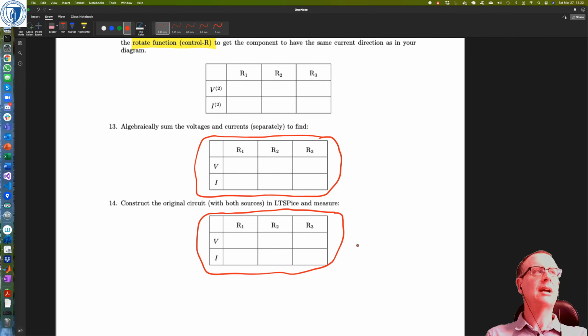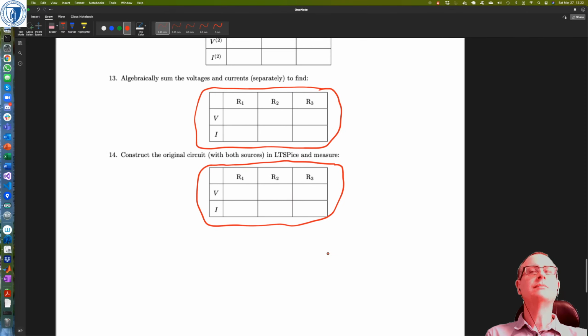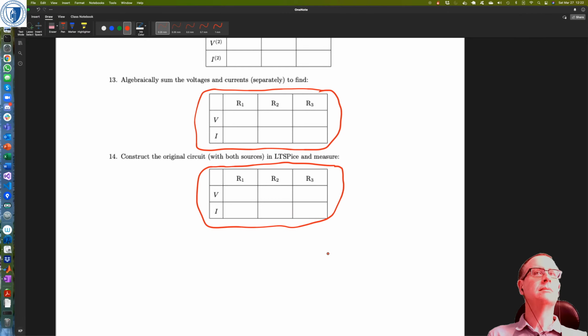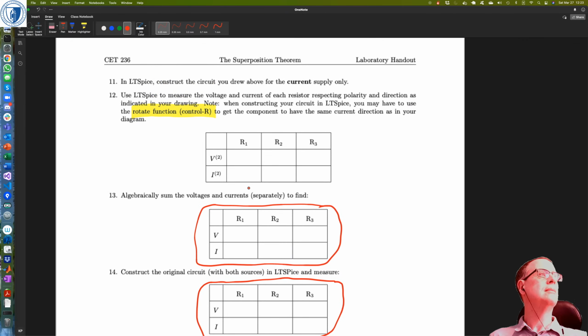The voltages and the currents you get from the three approaches should all be the same. Okay, any questions about that one? No? Okay.